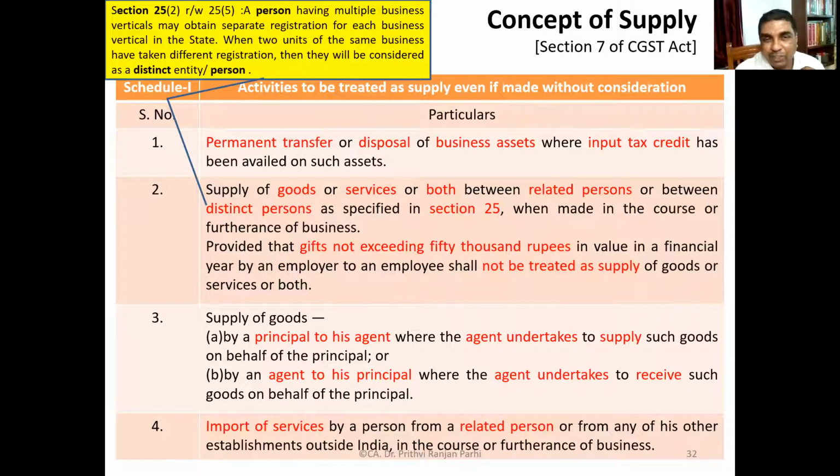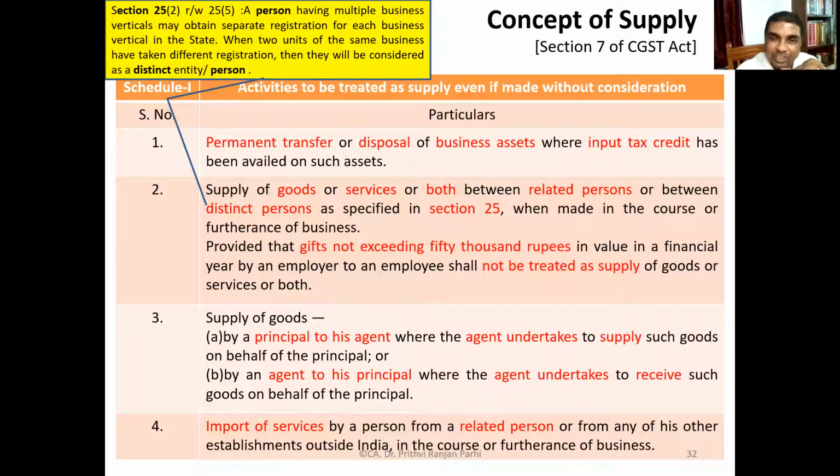There is one more point here you have to remember. Gifts not exceeding 50,000 rupees in value in a financial year by employer to employee shall not be treated as supply. Employer is giving a gift to the employee, but not exceeding 50,000 rupees. Suppose an employer is giving, let us say, a car to an employee as a gift.